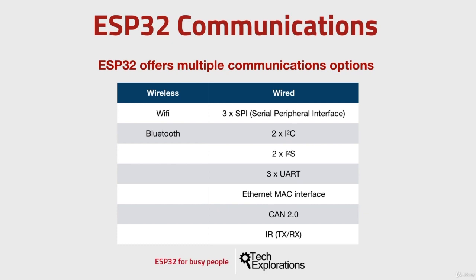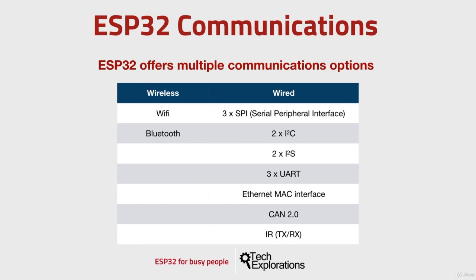On the left, you've got the main wireless capabilities, namely Wi-Fi and Bluetooth, and on the right, you've got the wired capabilities, which allow the ESP32 to be connected to either other ESP32s and microcontrollers or smaller devices like sensors.